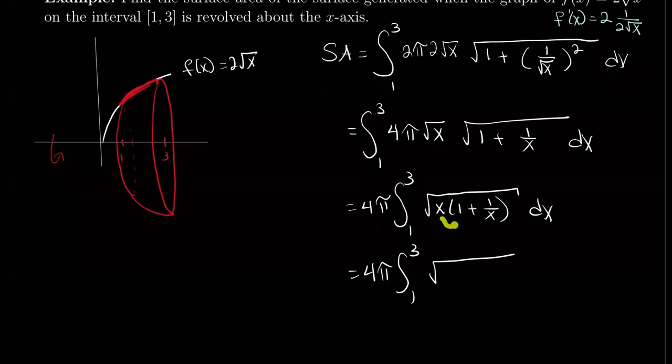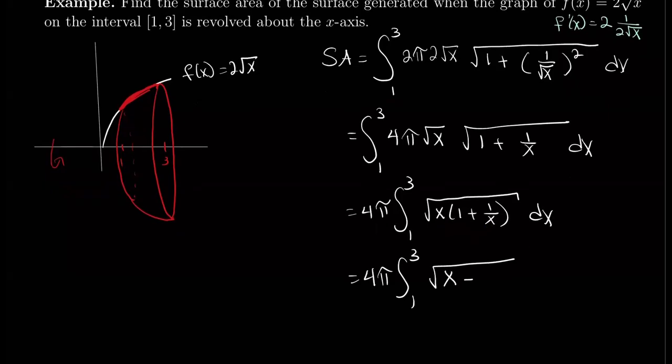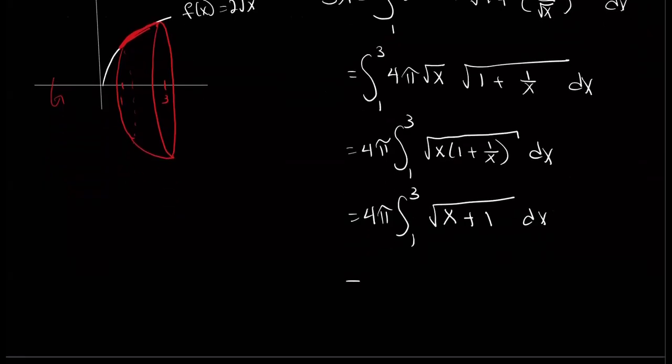Once I distribute this x across, x times 1 is just x plus, and then x times 1 over x is just 1. And then this becomes the integral from 1 to 3 of x plus 1 to the power of 1/2.